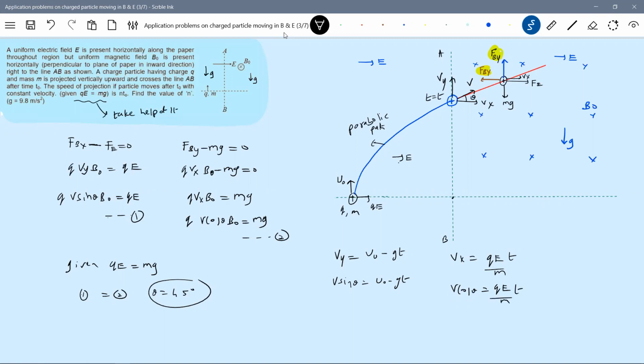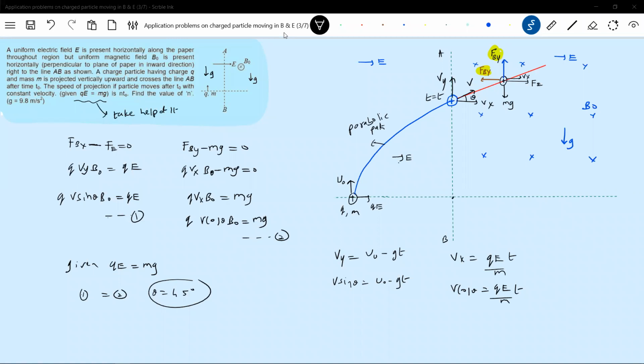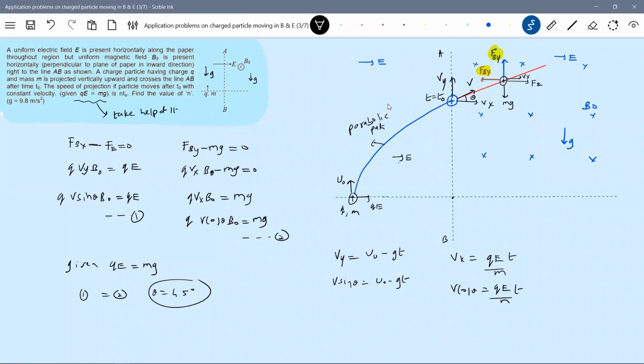I think we can now proceed very easily. Theta we know is 45 degrees. T naught, okay, I'll put it T naught. A lot of symbols are there, okay, T naught I introduced.